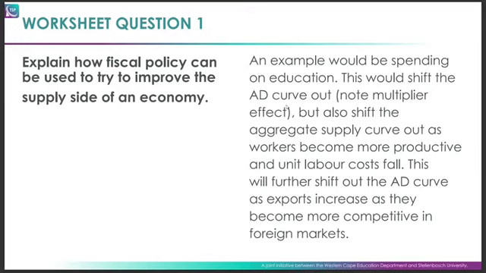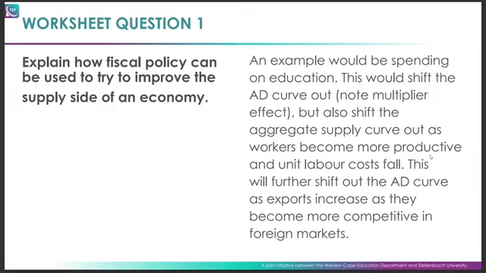So, with the multiplier effect, what they are saying is that as one person's spending will become another person's income. So, government is spending on education, causing the demand curve to move out, but also the aggregate supply curve will shift because workers become more productive.